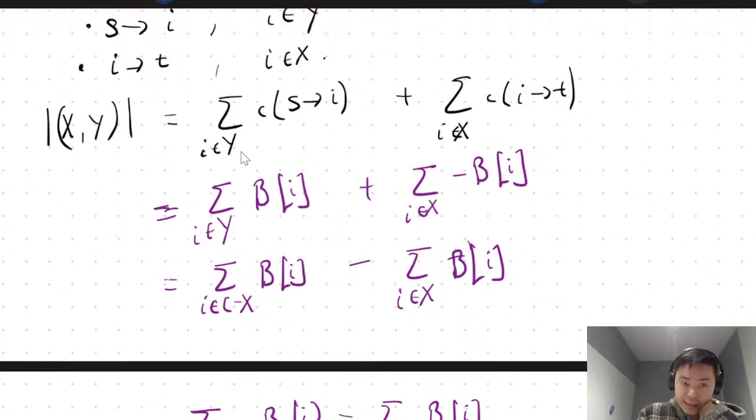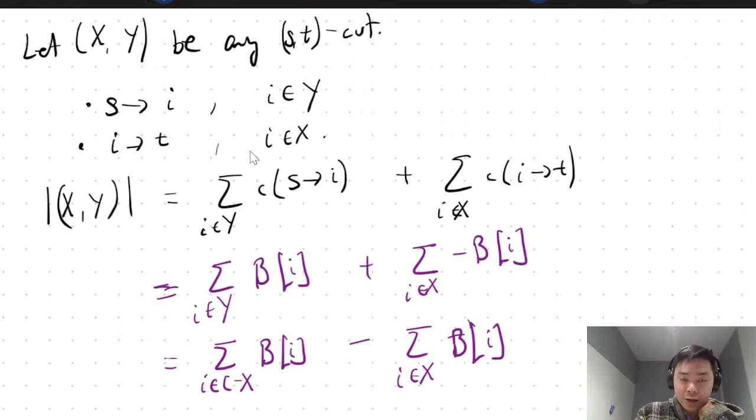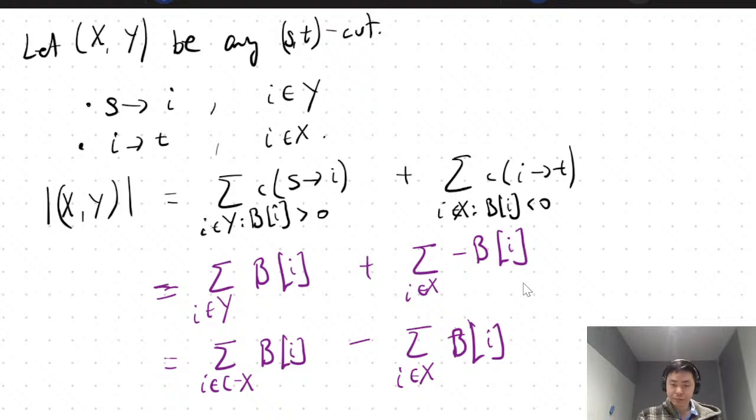Then you can notice that the only edges that contribute towards my cut are exactly the ones where B of I has to be positive here, and here my benefit has to be negative, right? So I could have other vertices in my X and Y, but the only ones that actually contribute towards my cut are exactly those where B of I is positive here and B of I is negative. Because that's just by definition how we define my edge S to I.